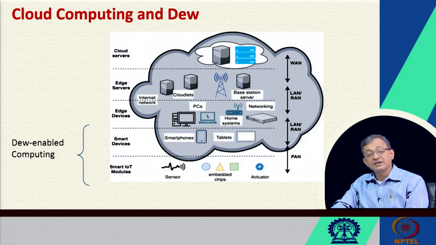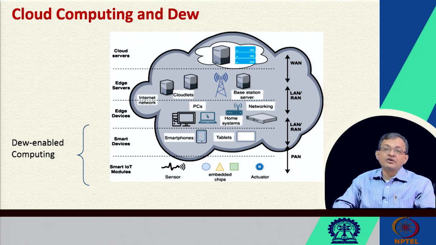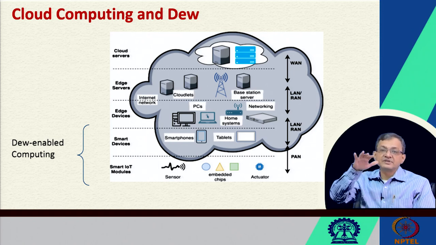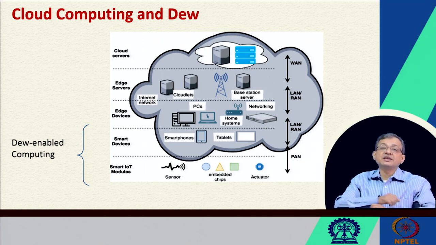These are the different layers or hierarchy of this different category of servers and systems. Dew enabled computing can be realized at the lower hierarchy, starting from edge to smart devices to smart IoT modules. At this end we can enable Dew computing.